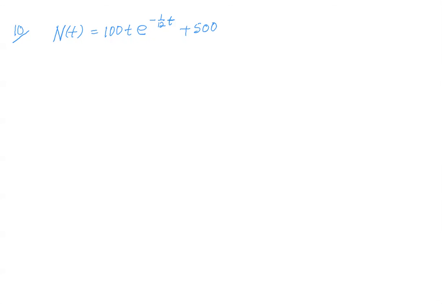Can anyone tell me? The shape of the graph will not start from 0, it will start from 500. It will go up until you reach a maximum, then it comes down until you reach an inflection point, then it goes.